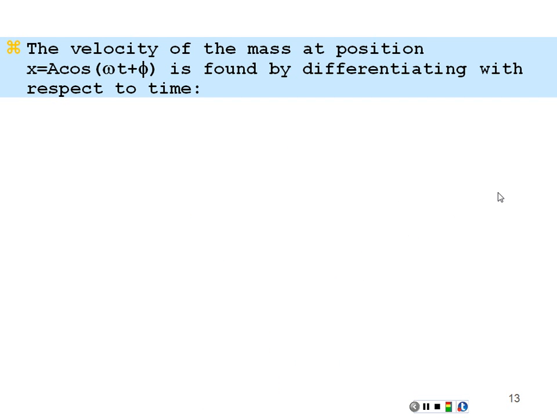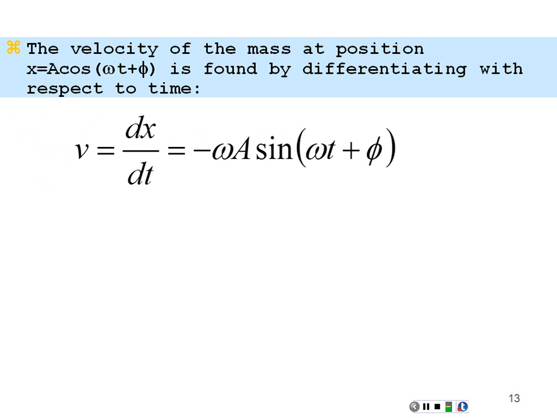So we have our solution to our differential equation, x is equal to A cosine(omega t plus phi). We can find the velocity of the mass by taking the derivative of our position as a function of time. We already did something like this earlier, and that derivative is negative omega A sine(omega t plus phi).